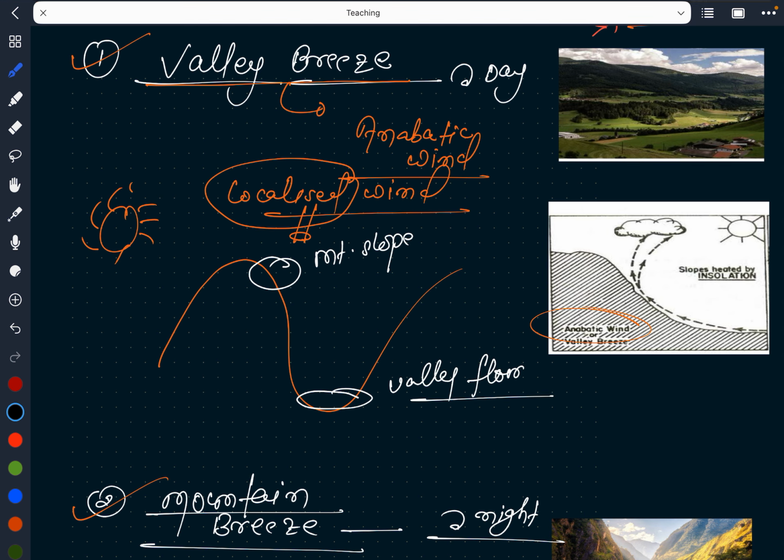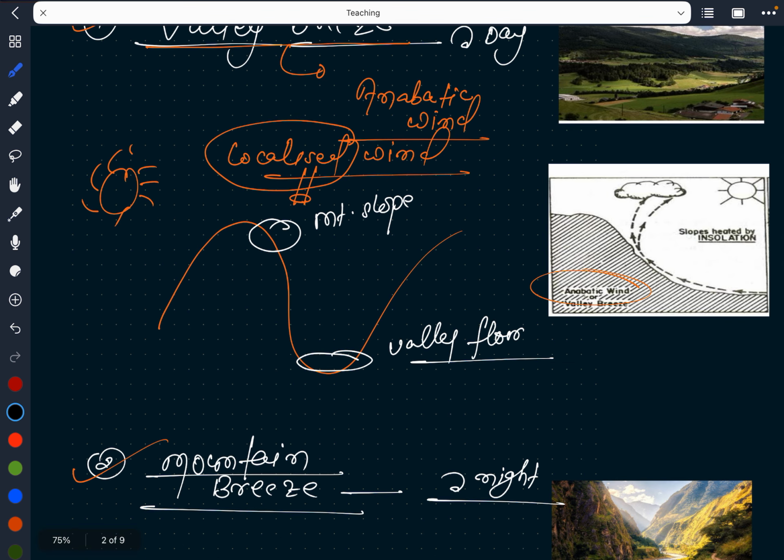The reason is that because of intense heating during daytime, the mountain slopes get heated very quickly in comparison to the air above the valley floor. So after getting warm, the air above the mountain slope expands and starts rising up in the sky. After rising, it will create a condition of low pressure over here.